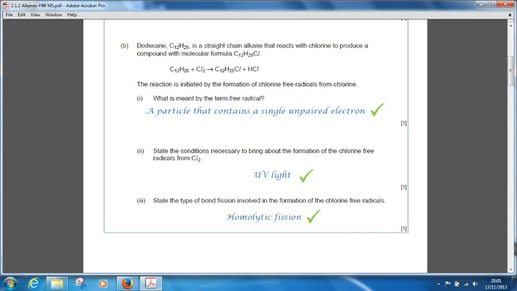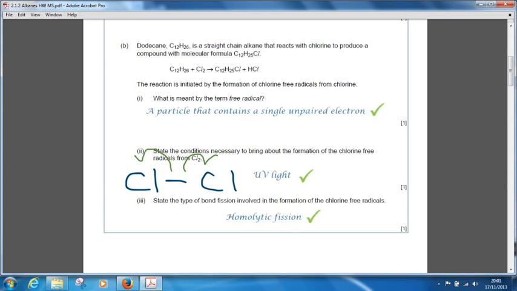I'll quickly remind you that in homolytic fission, if we have a chlorine molecule, one electron goes in that direction, one electron in that direction, and the bond is equally splitting on both sides, which is homolytic. If both electrons went to one side, that would be heterolytic, but in this case it's one electron each, therefore homolytic bond fission.